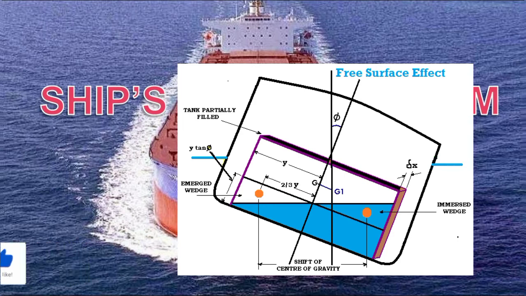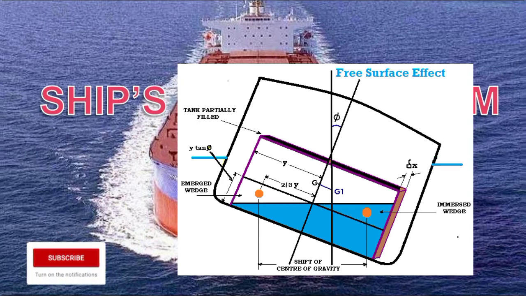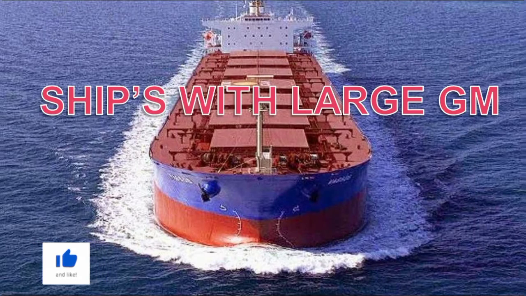So even if we have a large initial GM after loading, if that bauxite becomes liquid, and the holds normally will not be loaded 100%, only 80 or 70%, because this bauxite has a storage factor which can only fill up to 70 to 80% of each hold.